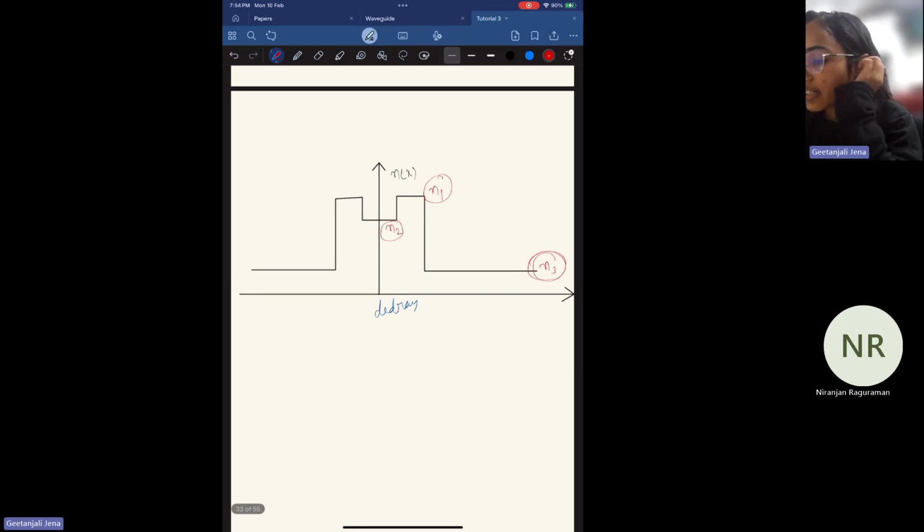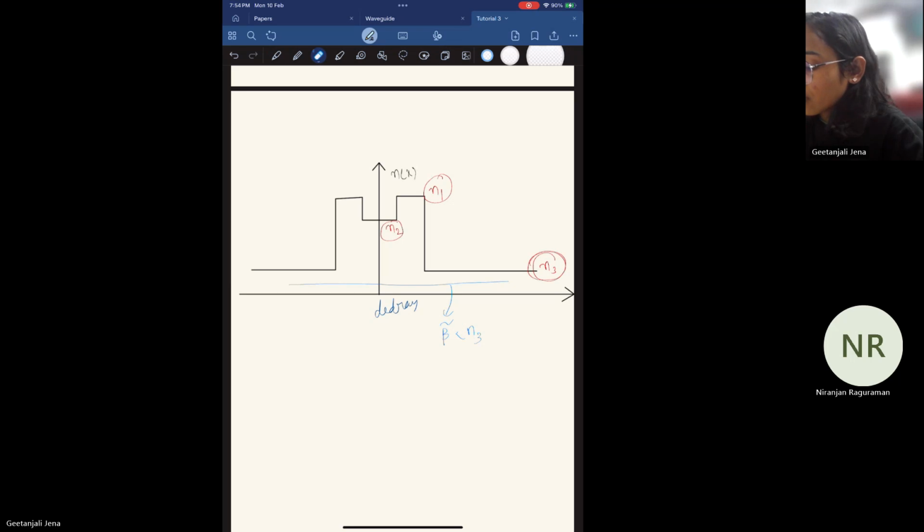If beta tilde falls here, it won't be guided because it is less than N3. Just see the condition that you are getting by taking different values of beta. In that way, you can find out the range. So here beta tilde is less than N3, which means there is a guided ray in all the regions. It propagates through core, cladding, all the interfaces, which we don't want.